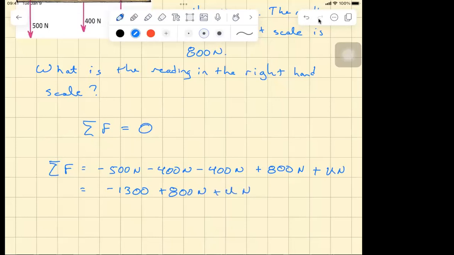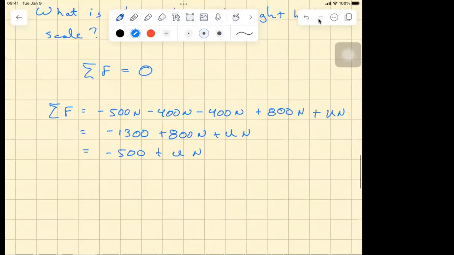Well, this comes out to minus 500 plus the unknown newtons. So to balance this out, we add 500 to each side. So 500 newtons equals the unknown weight. So the answer is 500 newtons.